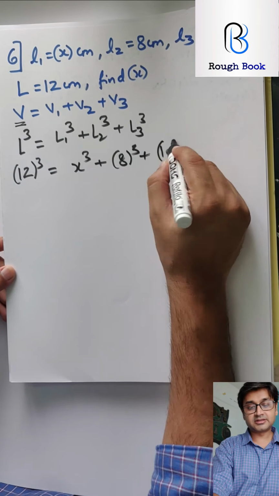So 1512 goes on the other side. So 1728 minus 1512 equals to x cube. So 216 is x cube and therefore x becomes 6 centimeters. They asked you find x, so you don't need to write any statements. You found x, you can leave it there itself.